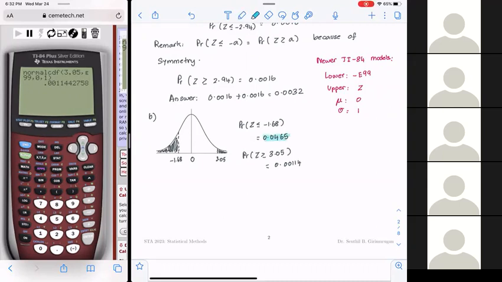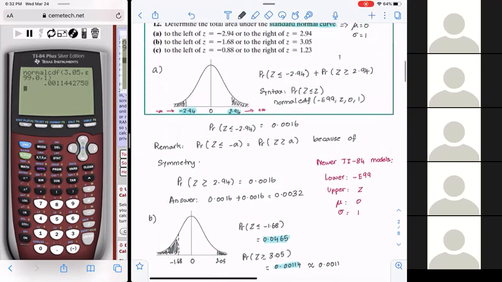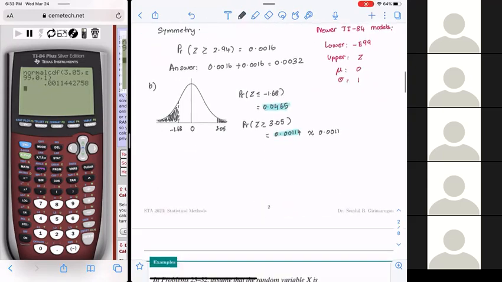Area above or to the right of 3.05 is 0.00114, which I can round to 0.0011. So the answer in this case would be the sum of the two.